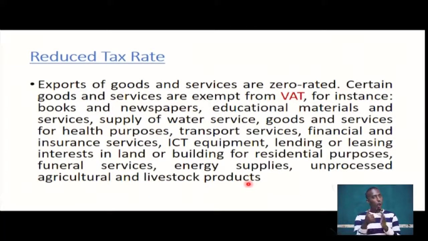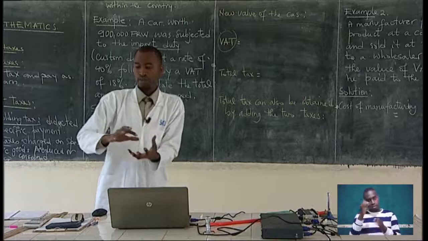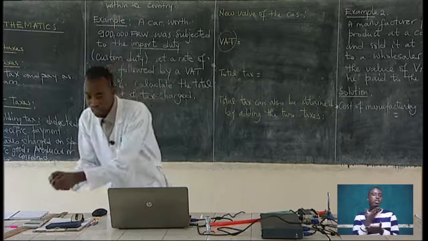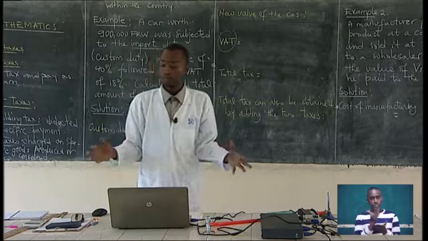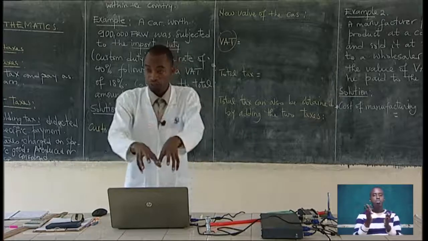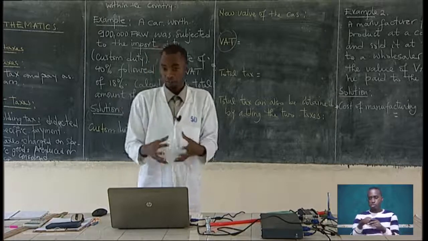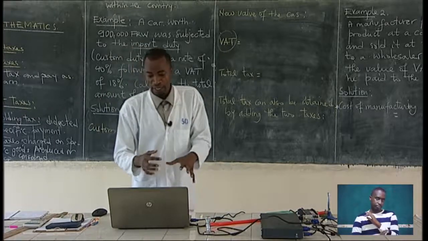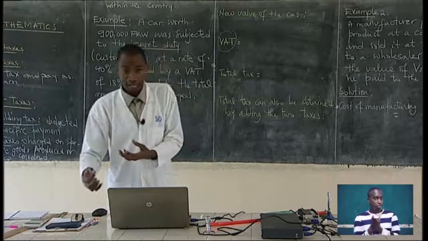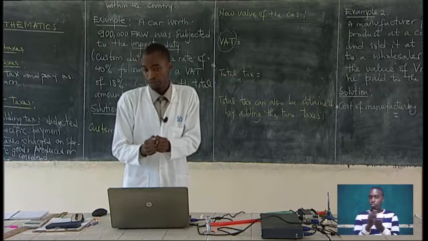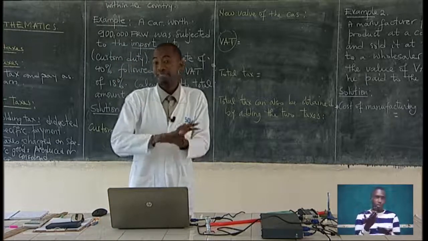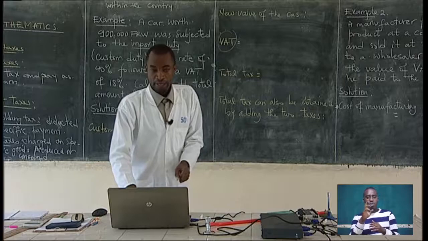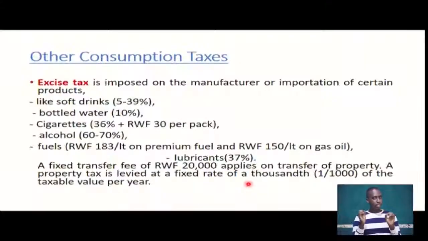All these are things where the government tries to reduce the tax, because they want people to invest a lot in those services, which are very important to the lives of the country. Some are even at the zero rate.